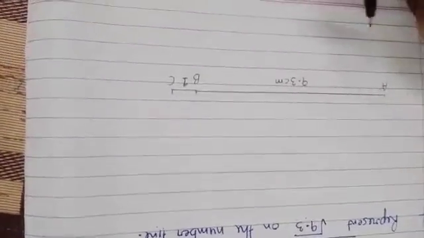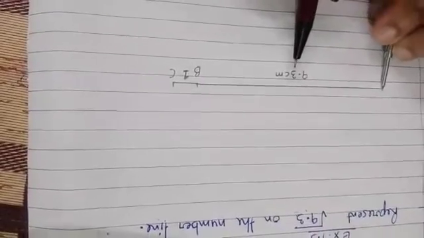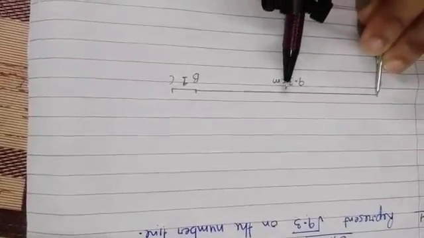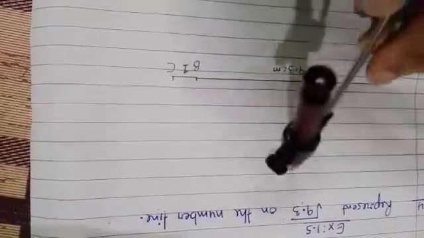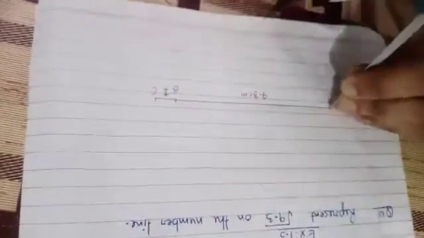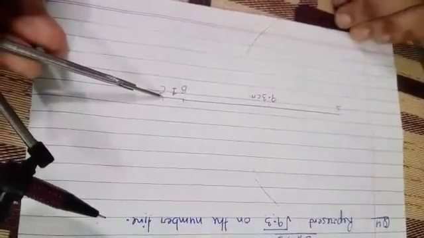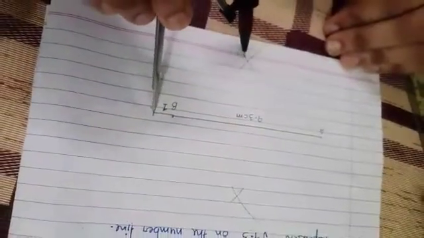So for which we will put the pin at A, take the distance more than half of AC, then one arc up, one arc down. Got it? Now with the same radii, we will put the pin at C and take an arc up and down.